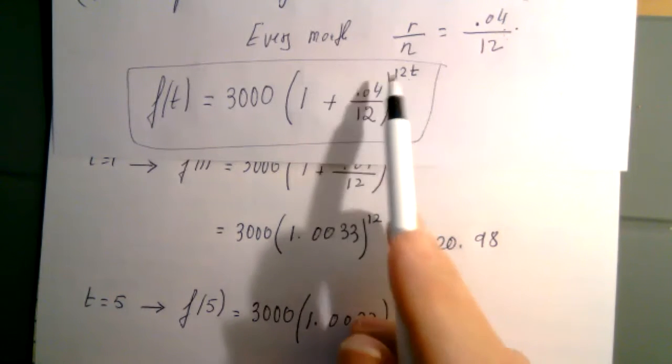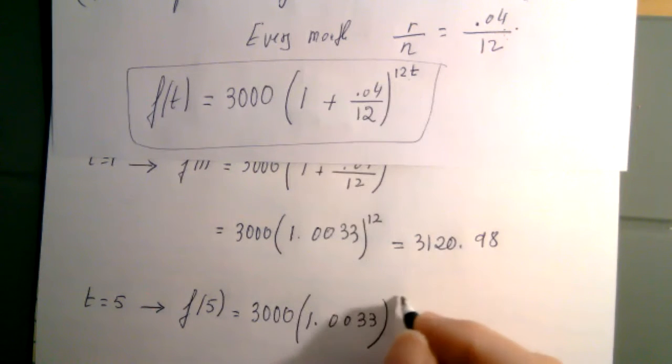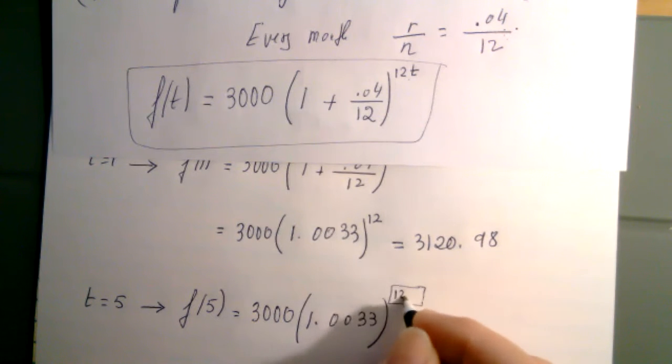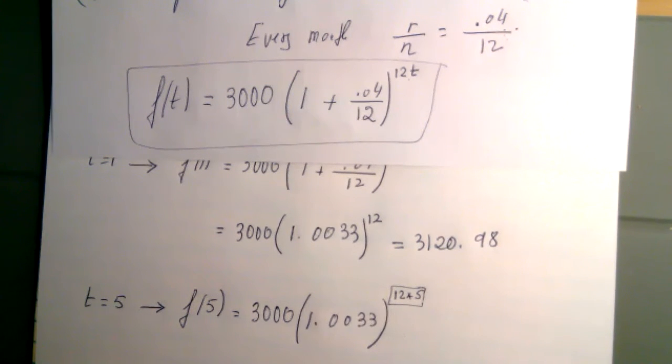Remember, 12t means you multiply 12 by t. So what's the power here? 60. Right, it's 12 times 5. Now I personally prefer to do it this way: I first compute the power and then I proceed.